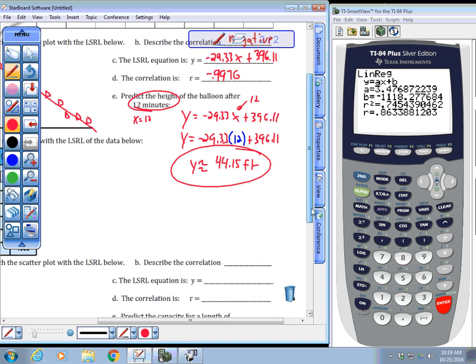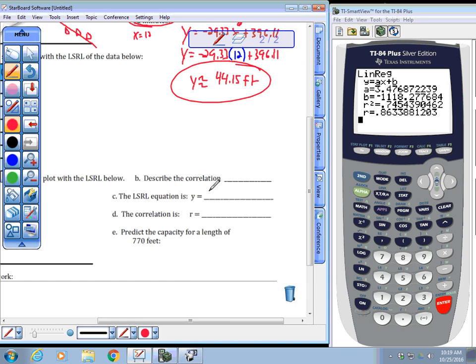And our description of this one will be y equals 3.48x minus 1118.28. Our regression correlation coefficient is 0.8634.